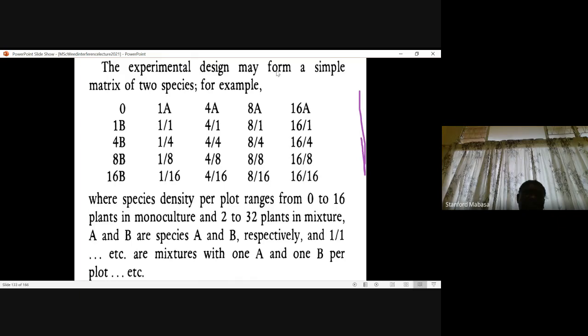Now, this is from this paper. And these are some of the treatment combinations.